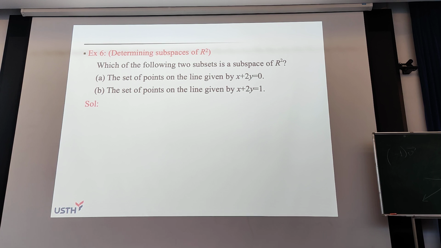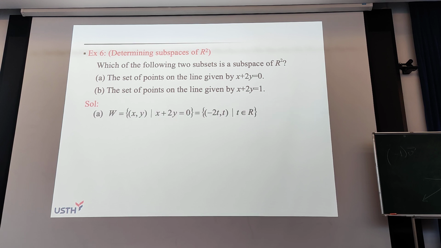Now, once again, I consider the plane, and we have two subsets, A and B. The first subset is the set of points lying on the line given by the equation x plus 2y equals 0. The second is the set of points lying on the line given by the equation x plus 2y equals 1.